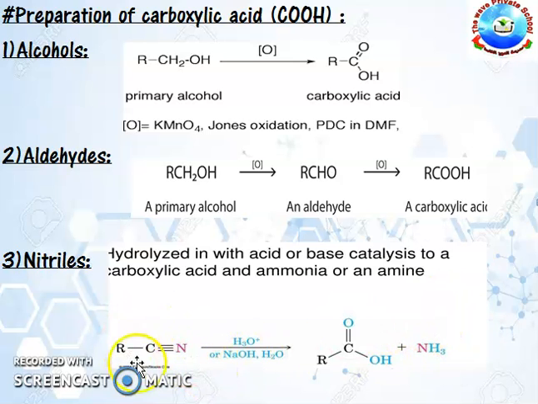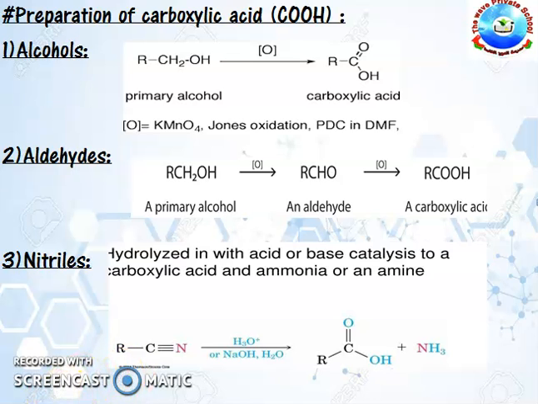So when treated with H3O+ or NaOH, acid or base, they give carboxylic acid and ammonia, that is NH3. You can see there is formation of COOH, that is carboxylic acid, and NH3, that is ammonia.